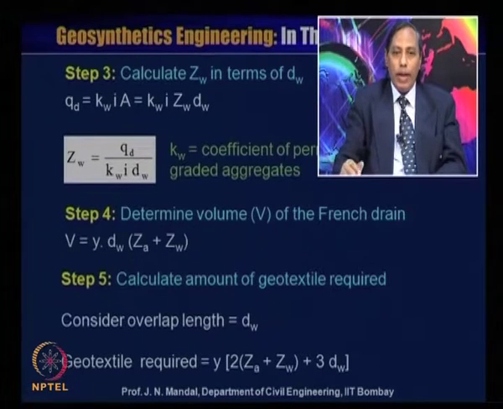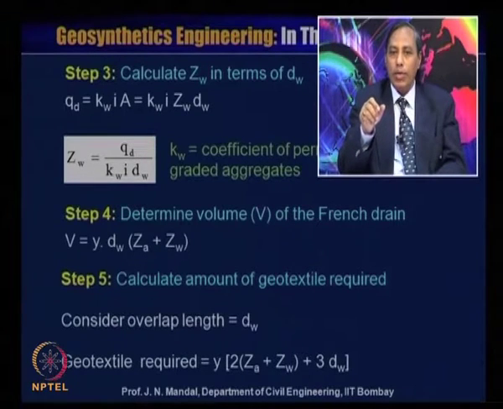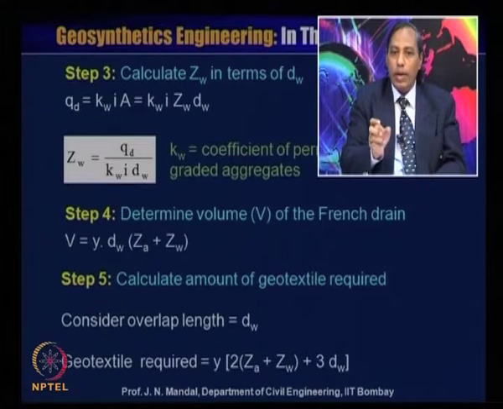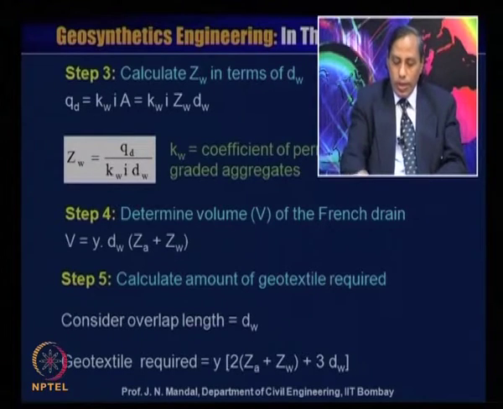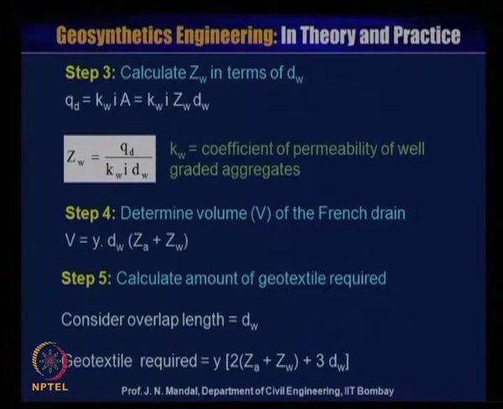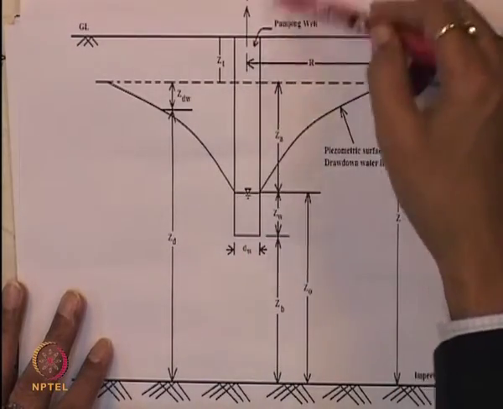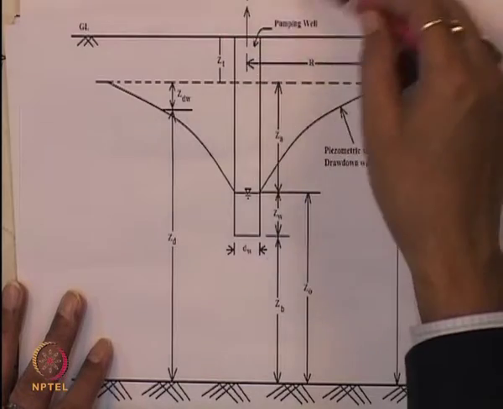Step 5, calculate the amount of geotextile required. Now consider the overlap length dW. So the geotextile required length is Y and 2 into (ZA plus ZW) plus 3 dW. So it is like this. Its length Y is about 50 meters or whatever it is.